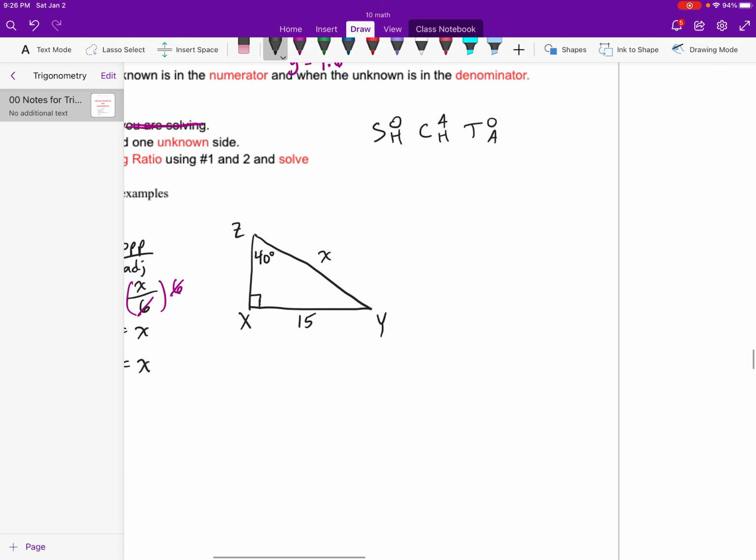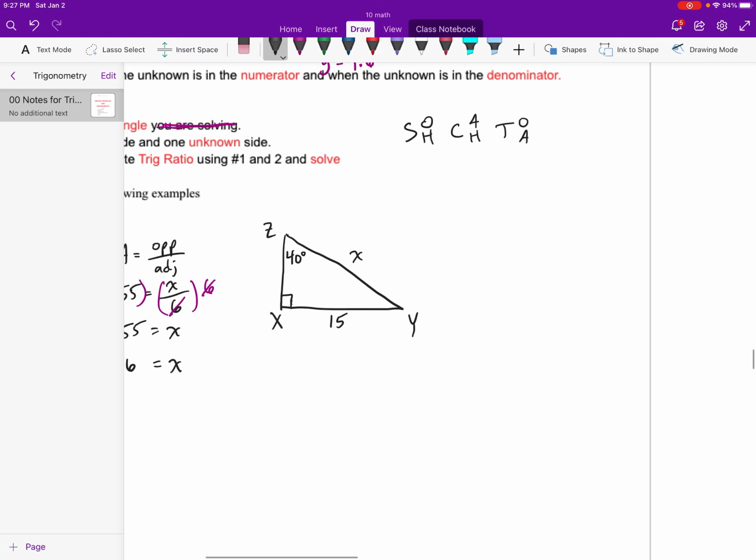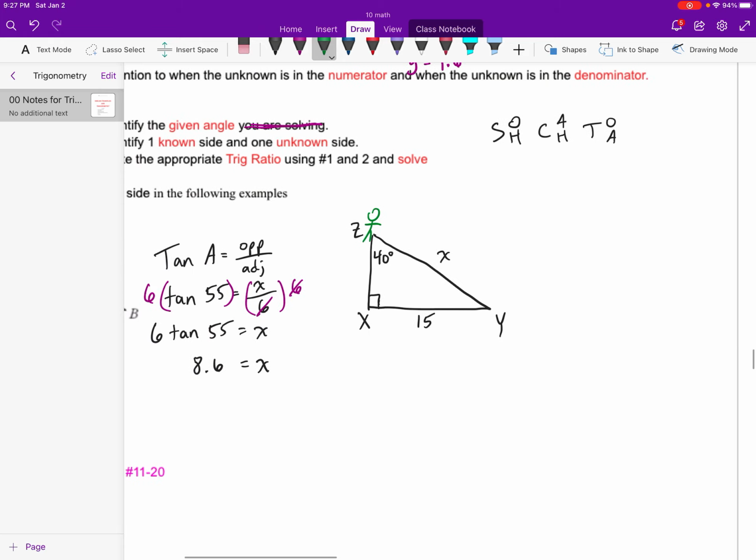Next example. We have triangle XYZ. Again, we're going to identify the given angle. We are given this angle right here, angle Z. We're going to identify one known side. We know this side right here, and from the stick-it's perspective, this side is called the opposite.